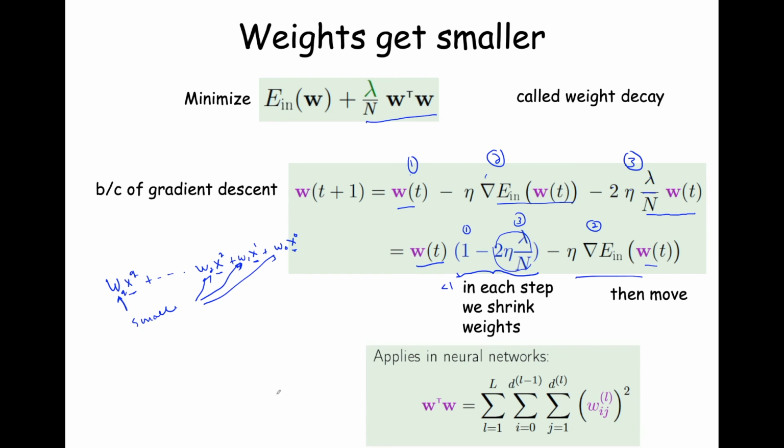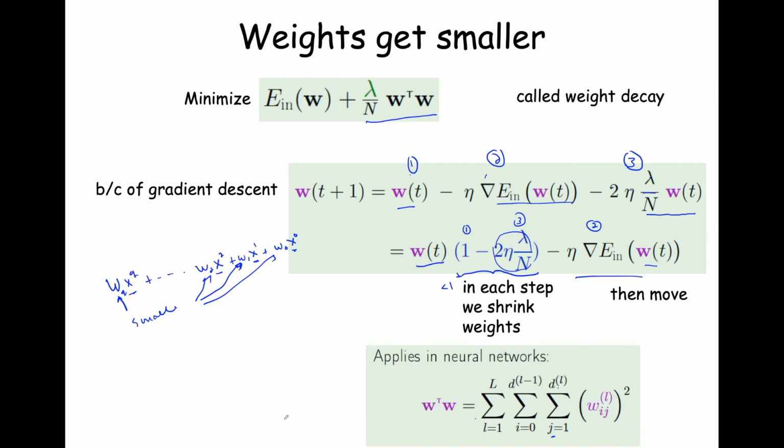This is also the case in a neural network. In a neural network, we have a similar constraint. W transpose W corresponds to, for all of the weights, going by the layer from 1 to big L, from the input node in layer L minus 1, 0 to the dimensionality of layer L minus 1, to the node in layer L, j, that index from before, which goes from 1 to D superscript L, the dimensionality for layer L. And we square each of these.